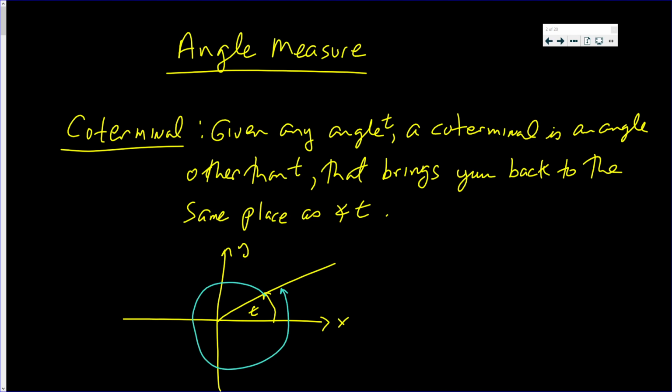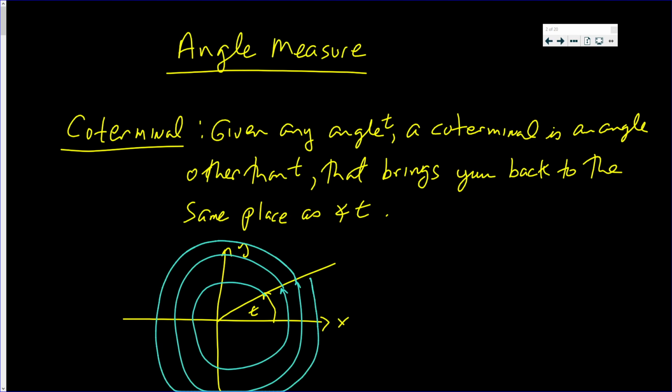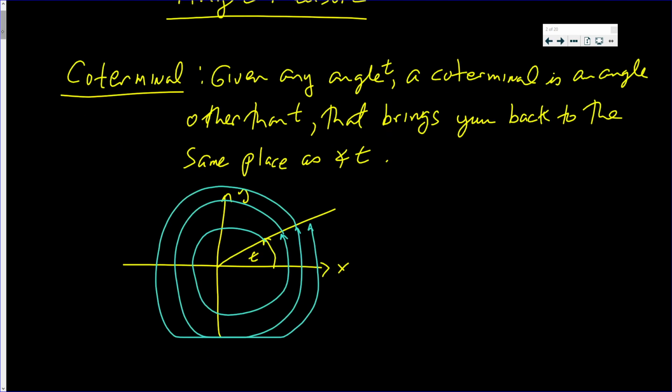That brings you back to angle t. Or you can add 360 twice, or again, and that brings you back to angle t. As long as you get back to angle t, it's the same.